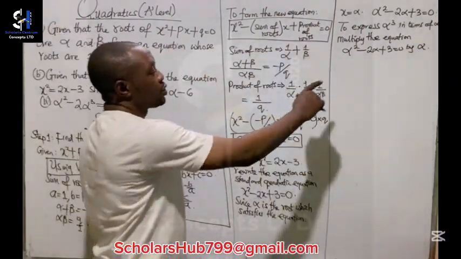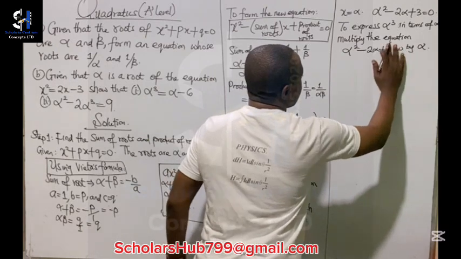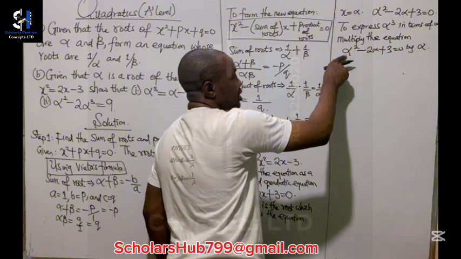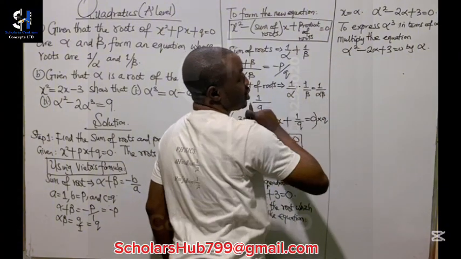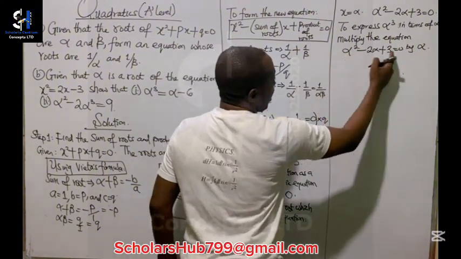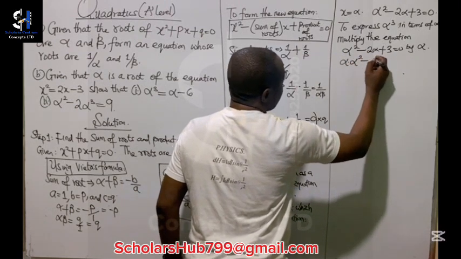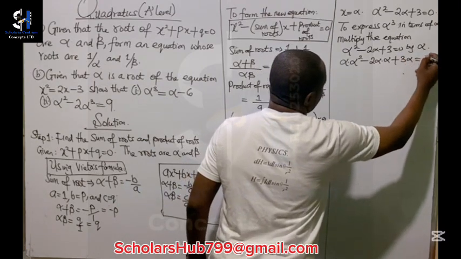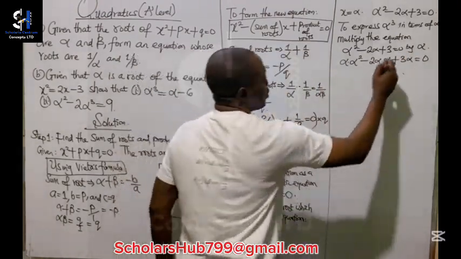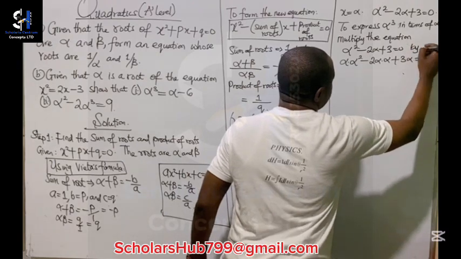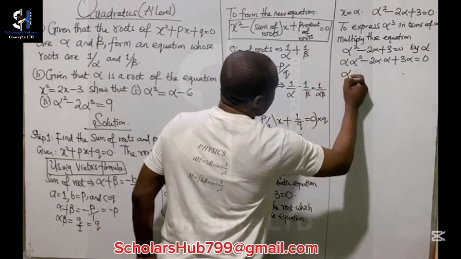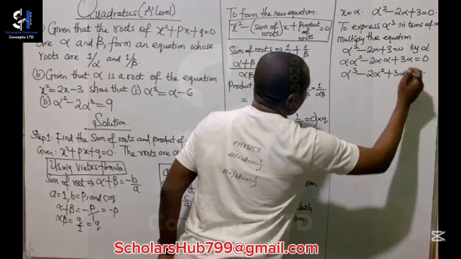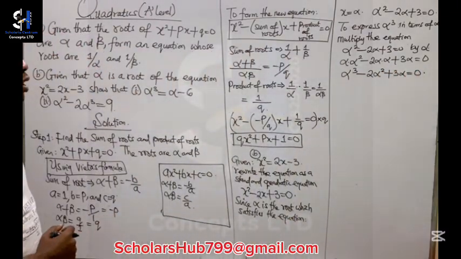When we multiply by alpha, the exponent of alpha increases by 1. So we have alpha times alpha squared, 2 alpha multiplied by alpha, then 3 multiplied by alpha, and alpha times 0 is 0. So this becomes alpha cubed minus 2 alpha squared plus 3 alpha equals 0.